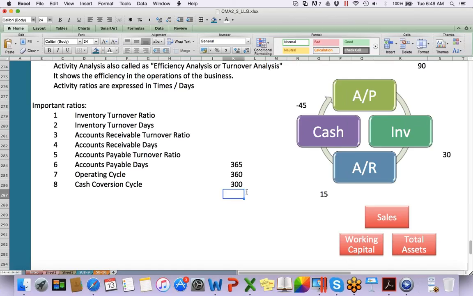When they say business days, you should assume that the days are 300. Please always remember business days are 300, 25 days a month, 12 months a year. So whenever you are calculating ratios in days, you should use any one of 365, 360 and 300, depending upon the information given in the question.